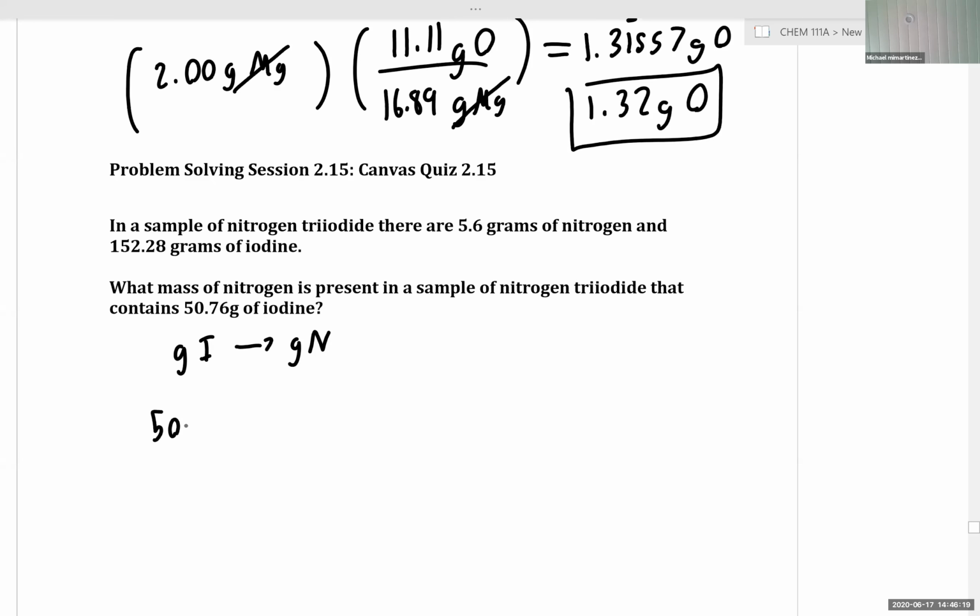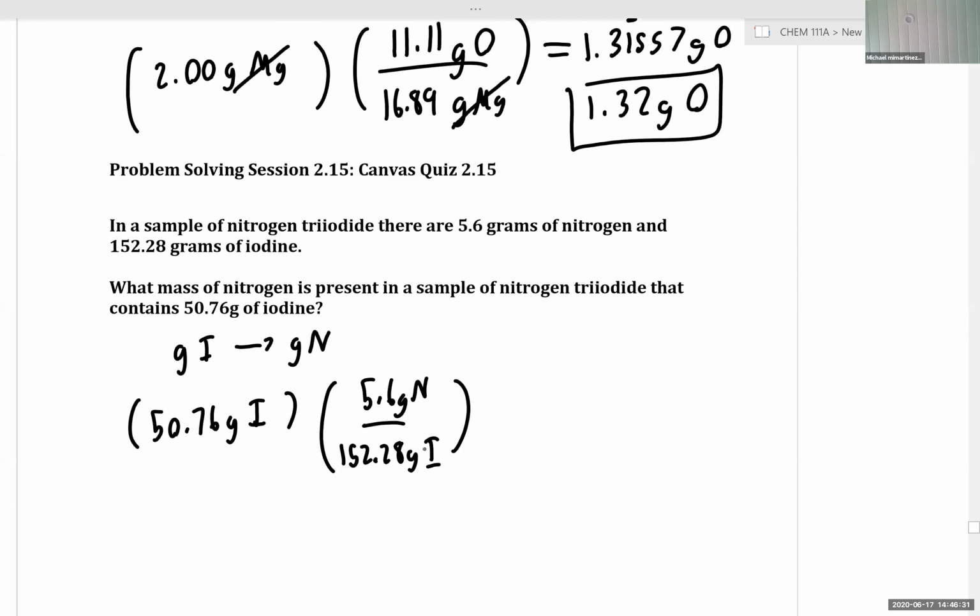We know we have 50.76 grams of iodine, and we know that in our sample, there are 5.6 grams of nitrogen per every 152.28 grams of iodine. The grams of iodine cancels, and now all we have to do is enter this into our calculator.